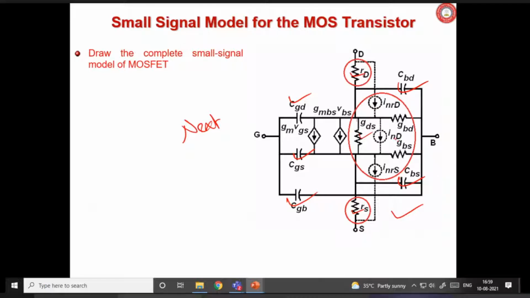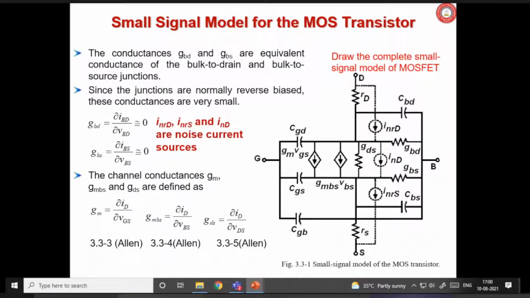So all these have been taken into account, and some noise also. G_mbs, then the rest, all things are put in, and this is the most perfect or rather most accurate model of MOSFET. G_BD is defined here, G_BS is defined here. Then what are I_nRD, I_nRS? They are noise sources.